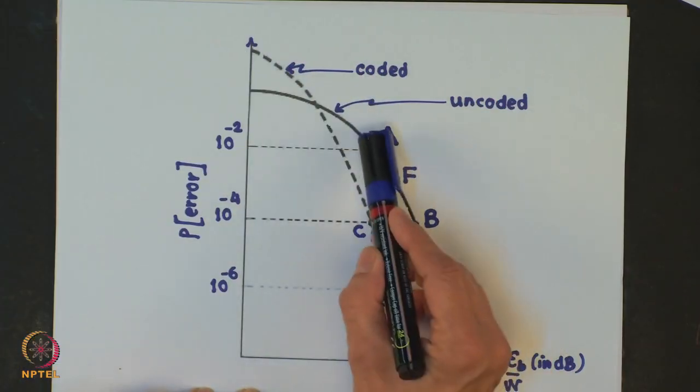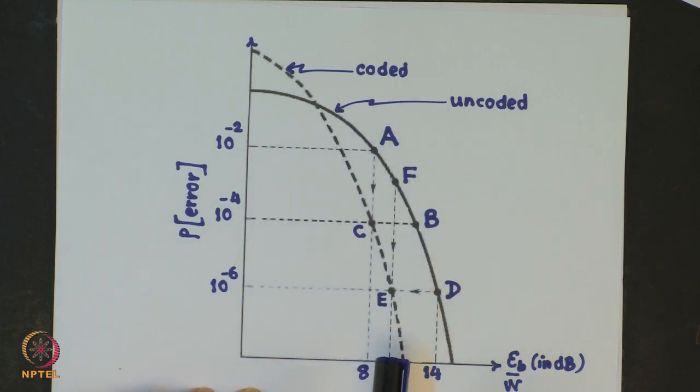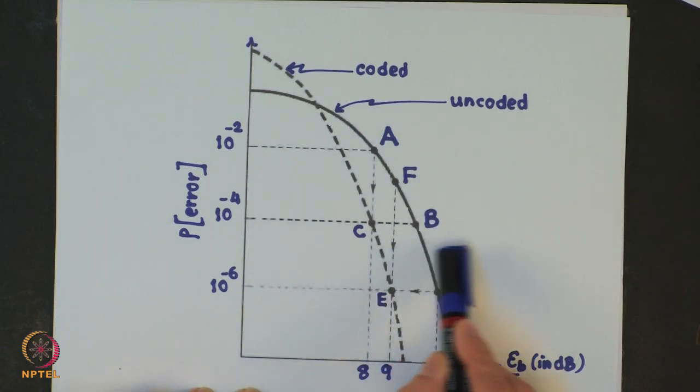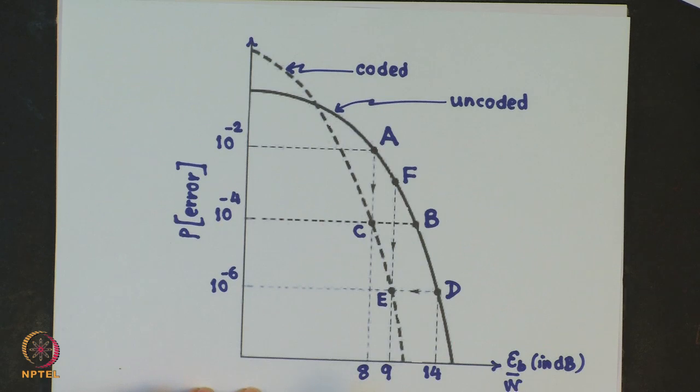Now, before we go ahead, let us look at the advantages of the error control coding. Now, the figure out here depicts two curves. One curve is for the uncoded system and the other dotted curve is for the coded system.